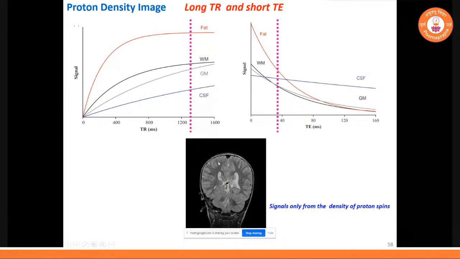So now we will get an image that is independent of T1 and T2. So this is the basic principle to get contrast in an MRI image. Of course, there are plenty of sequences to improve on certain aspects, which I'm not going into. This is a basic fundamental principle. This is the full NMR principle they are using in MRI imaging.